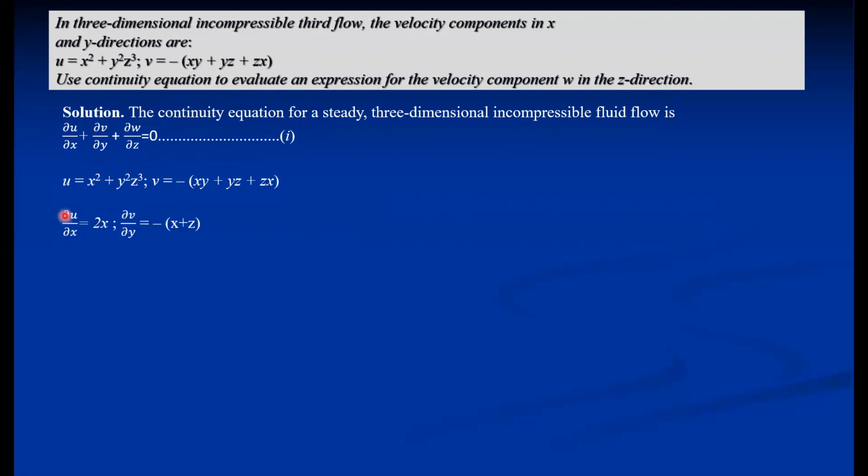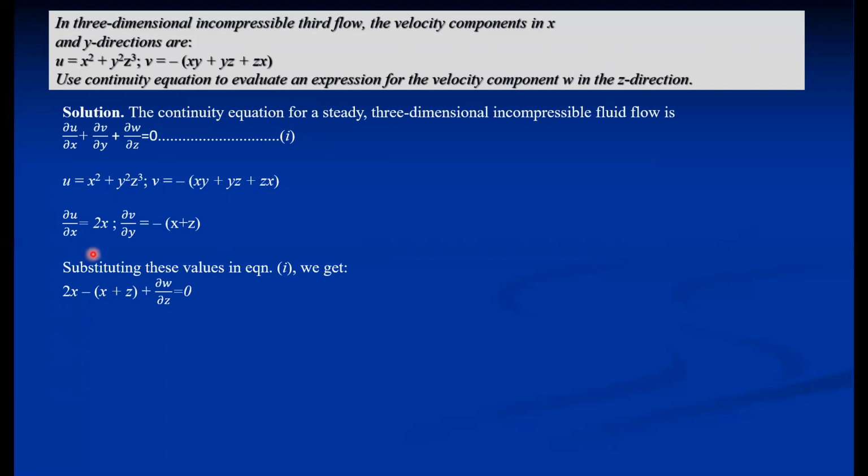We get ∂u/∂x is 2x. ∂v/∂y is minus (x plus z), because here the y component is not there, so the differentiation is 0. Now putting these two terms in equation 1, we get 2x minus x plus y plus ∂w/∂z equal to 0. Unlike the previous case, here it is already a possible case of incompressible flow, so the continuity equation is already satisfied.